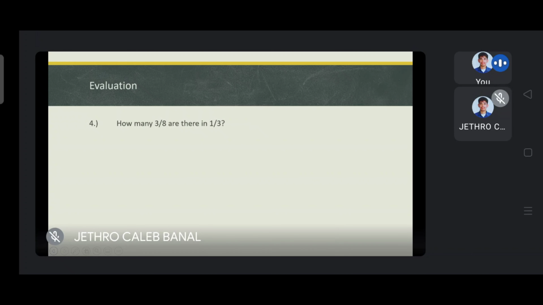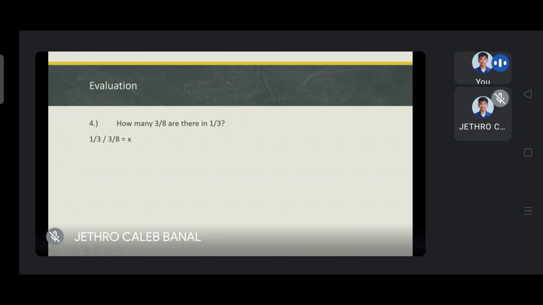Tinuro sa atin sa elementary, 1/3 divided by 3/8 is the same as kunin mo yung first fraction, which is the 1/3, then multiply it by the reciprocal of 3/8, which is 8 over 3.